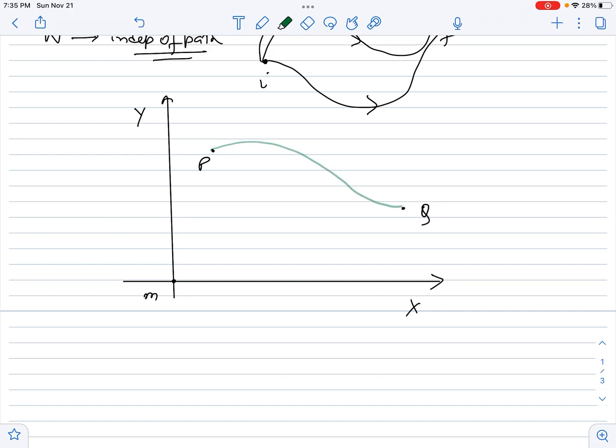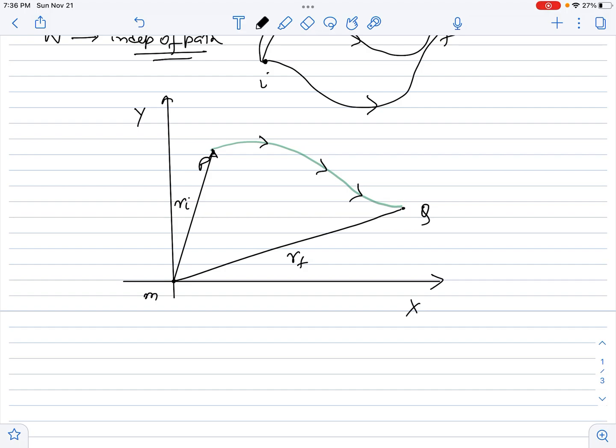This point is at some radial distance ri from m, and some radial distance rf from Q. Now you want to know what is the work done by the gravitational force if you move from P to Q. Now it's very simple, because this central force is always towards the point mass placed at the origin.